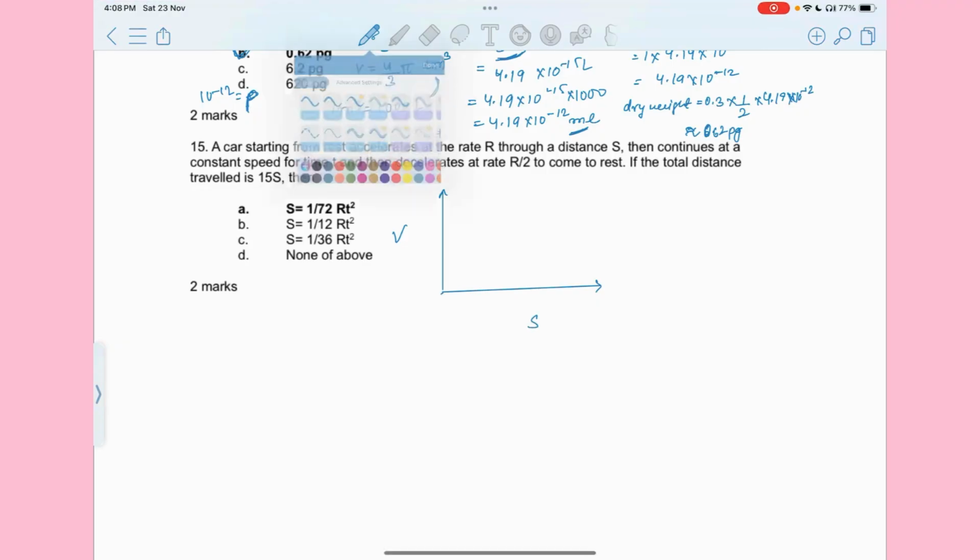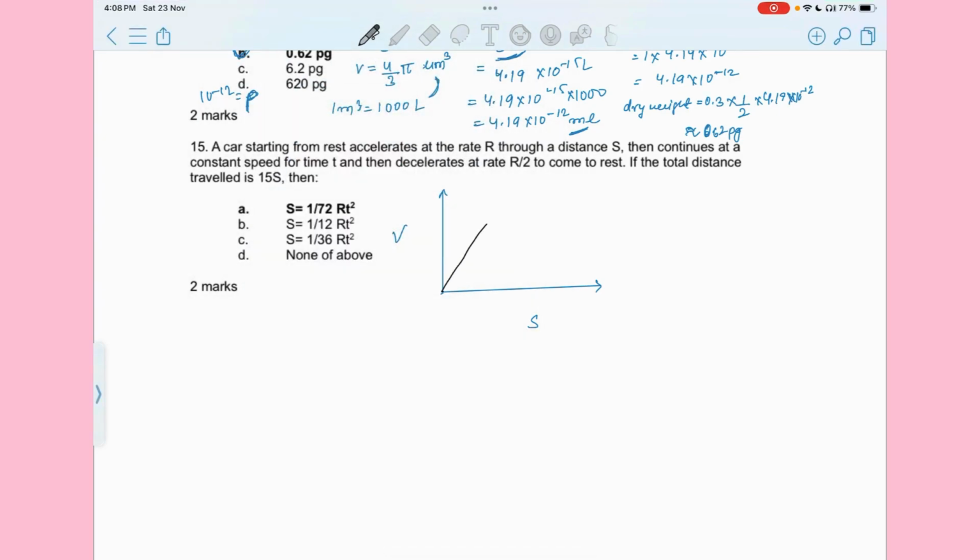So let's say I'm using a black pen, and it goes till here. Till here the distance is s, and with the acceleration r it goes there. Then it continues at a constant speed for time t, at zero acceleration.